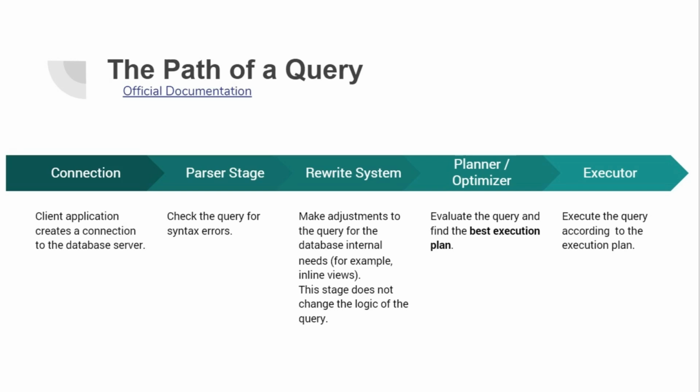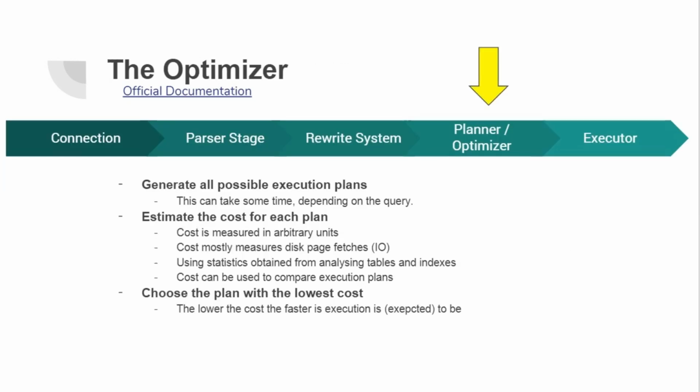This is the interesting part. This is the part where the database tries to evaluate the best execution plan for the query. Once the database finds the best execution plan, it can move it onto the executor for execution. So in this section, we are going to focus on the optimizer.